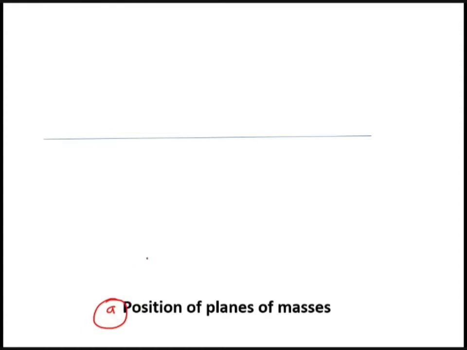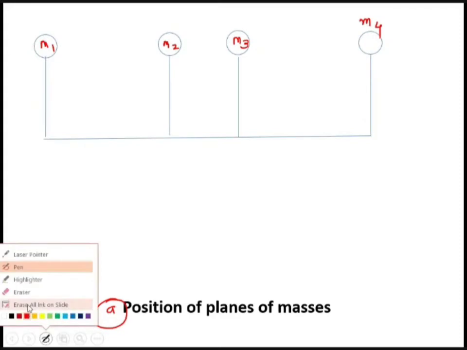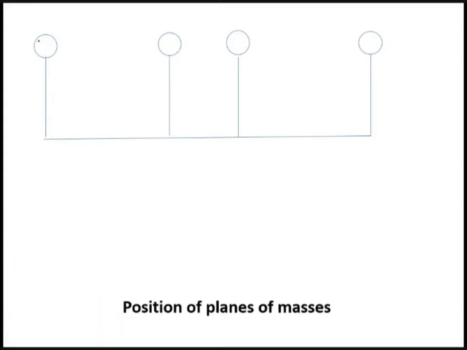Let us draw it. First, let us consider this mass as M1, then this as M2, this as M3, and this as M4. This is the basic diagram which you have to draw.